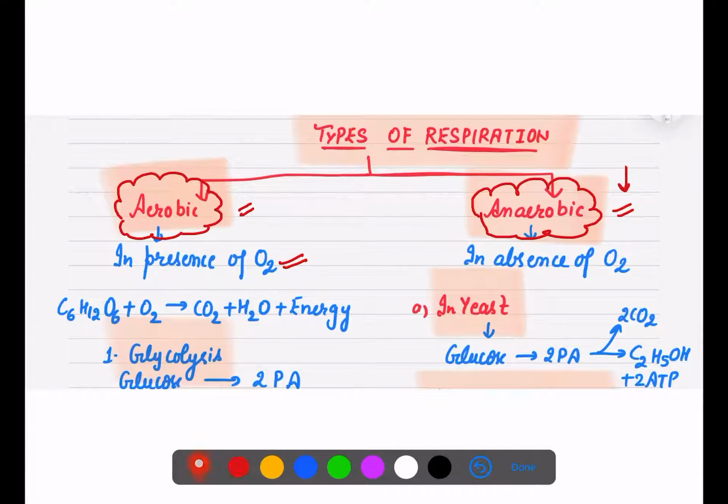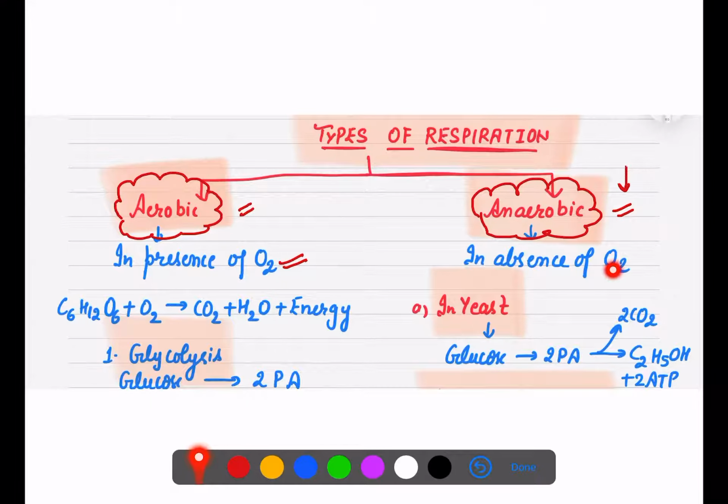And now we have a very careful idea of what happens in aerobic respiration: glucose, in the presence of oxygen, breaks down into carbon dioxide and water, and releases energy. But this is not a one step process, it completes in multiple steps.